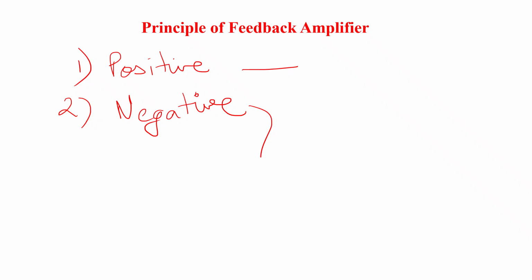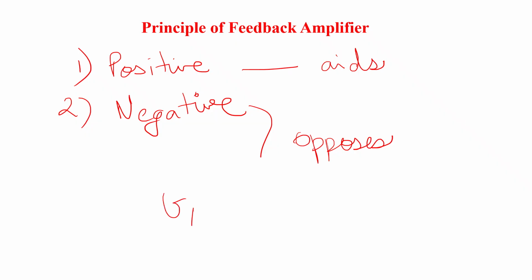These kinds of feedback signals, depending on whether the feedback signal is aiding or opposing the input signal, are classified as positive feedback and negative feedback. If the feedback signal aids the input signal, then it is called positive feedback. If the feedback signal opposes the input signal, then it is called negative feedback.